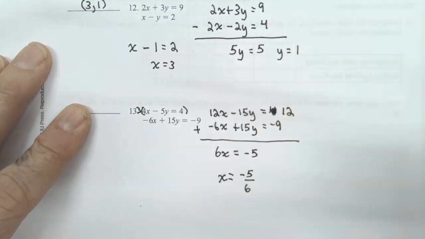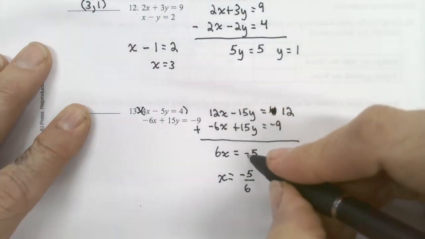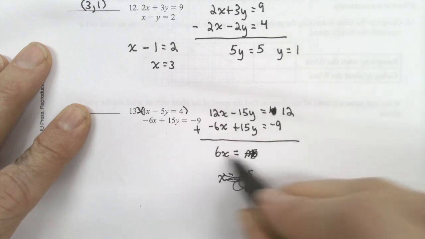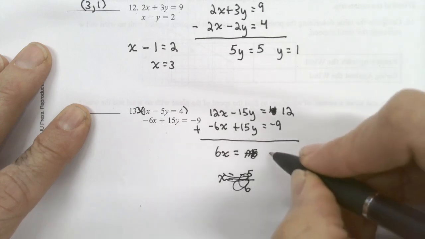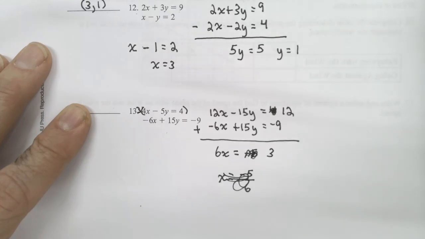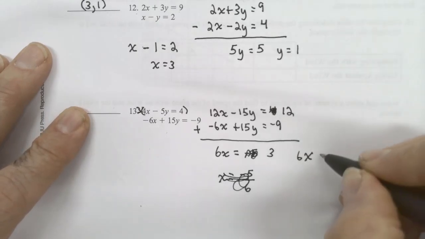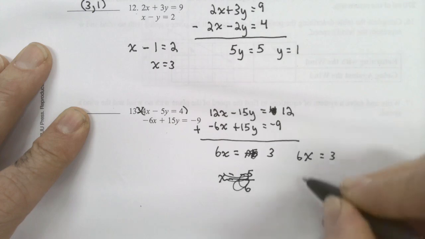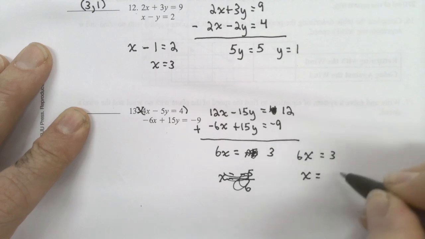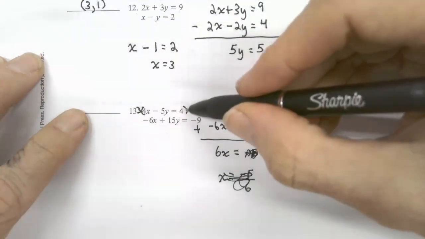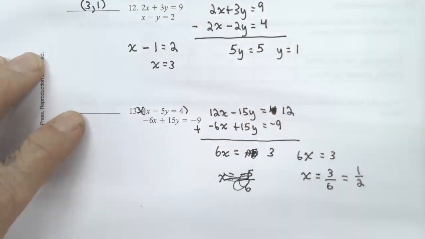It's an easy fix, though. I caught it early on, so it's not going to be that bad to fix. So forget that, and forget that. This means 6x is going to equal 3. Sorry about that. So 6x equals 3. That means x is going to be 3 over 6, which reduces to 1/2. Sorry about that. Yeah, I didn't multiply the 4 times the 3. You have to multiply everything.